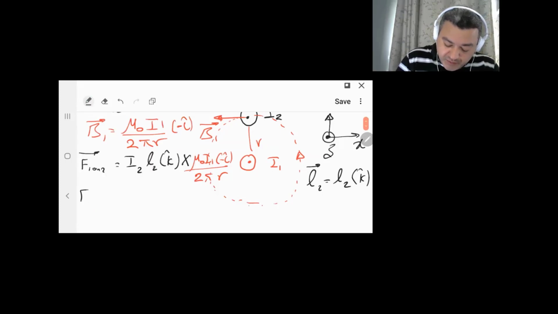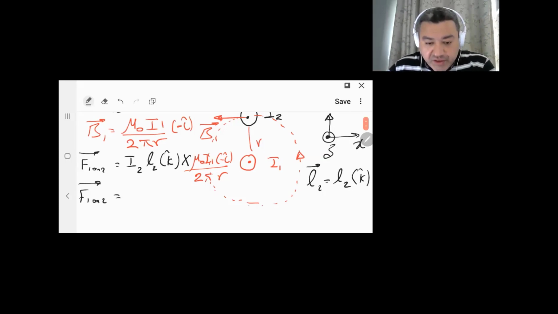So F1 on 2 equals, remember I hat cross J hat equals K hat, right? This is the relationship.